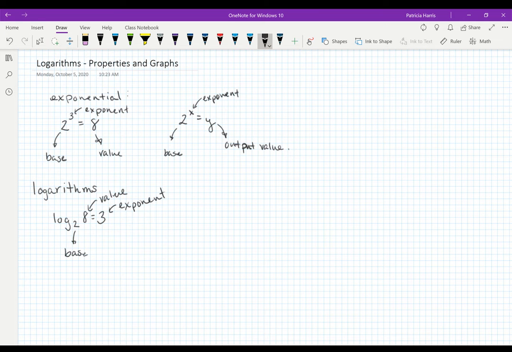Okay, now let's do the same thing for the function. Okay, notice that our y, our output, has become our input.